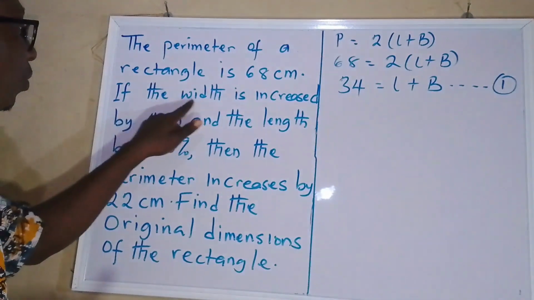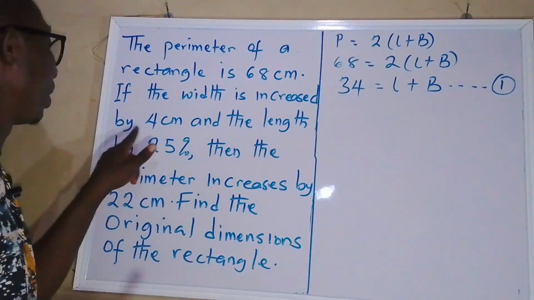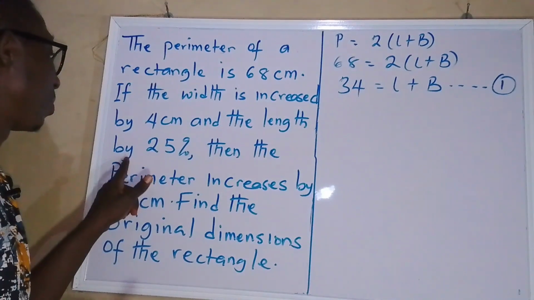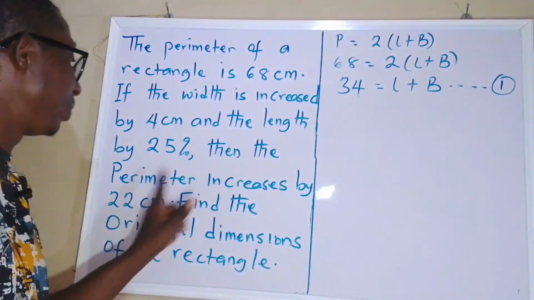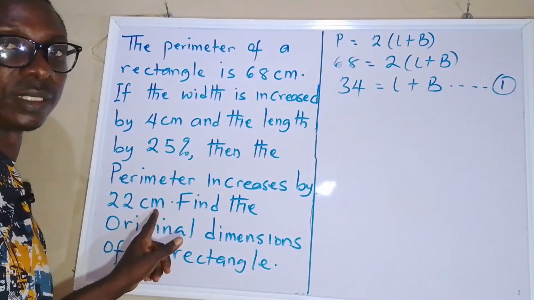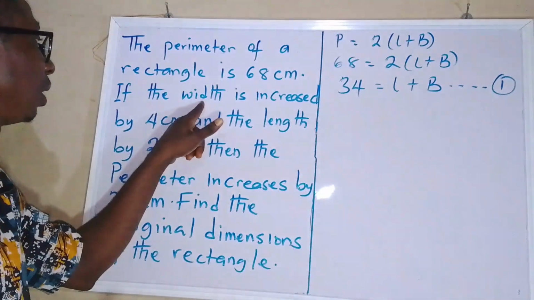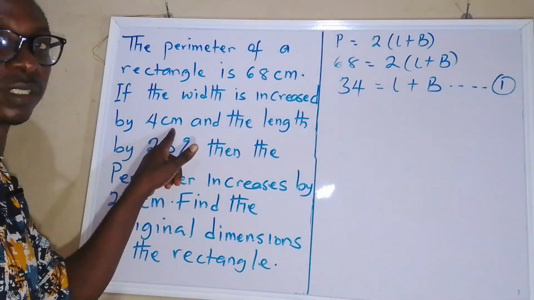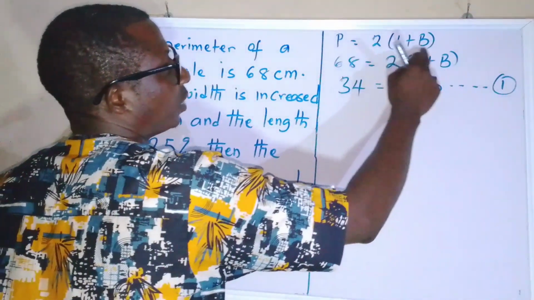Okay, so now let's read. Now if the width, that is the breadth, is increased by 4 centimeters and the length by 25%, then the perimeter is increased by 22 centimeters. Now let's go through it again. If the width is increased by 4 centimeters, now I'm going to be using this.